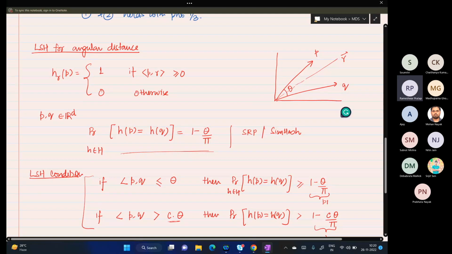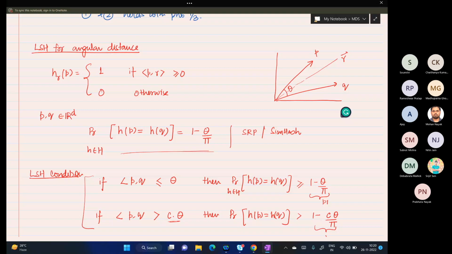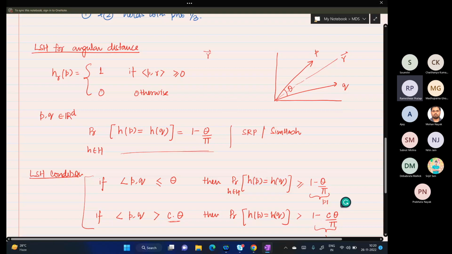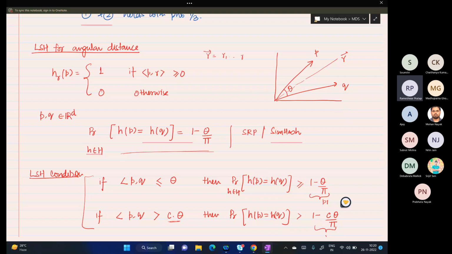So basically the idea is we take a random hyperplane, R. Suppose vector R consists of values R1 to Rd, where each Ri is sampled from a normal distribution with mean zero and unit variance. So we are taking a random hyperplane, and if that random hyperplane separates P and Q, then the hash values of P and Q are different, right?